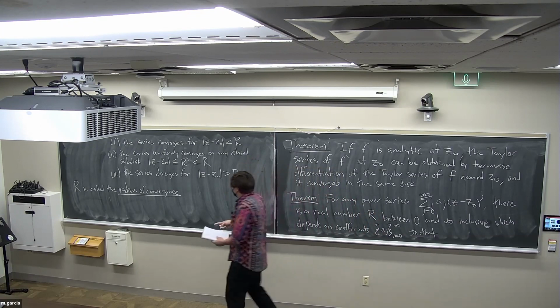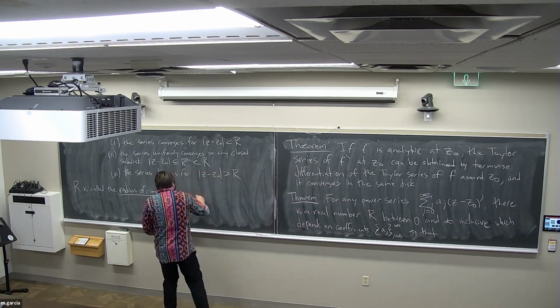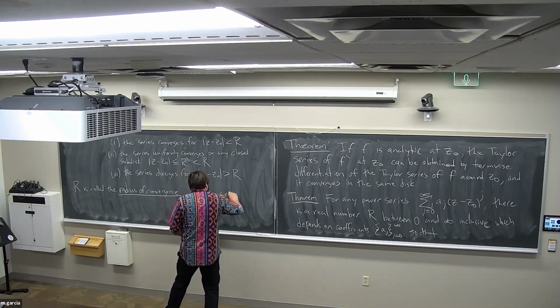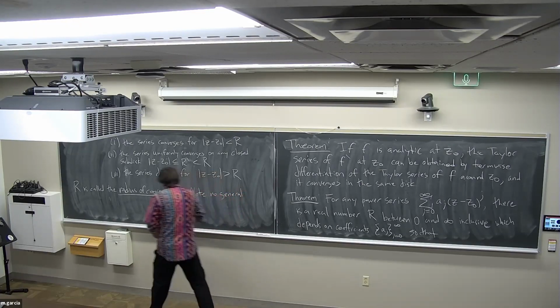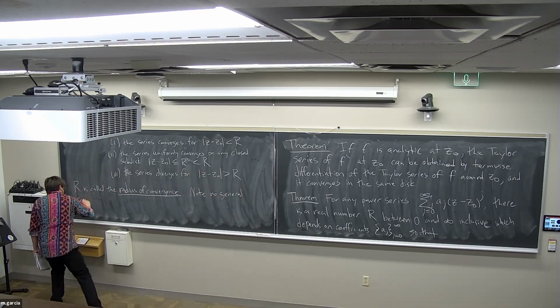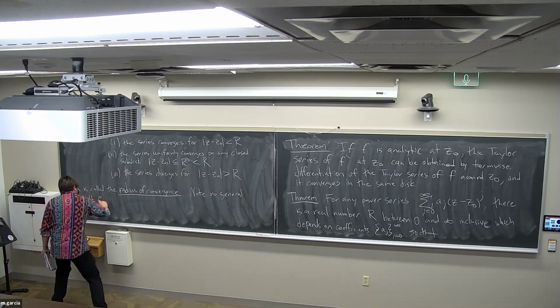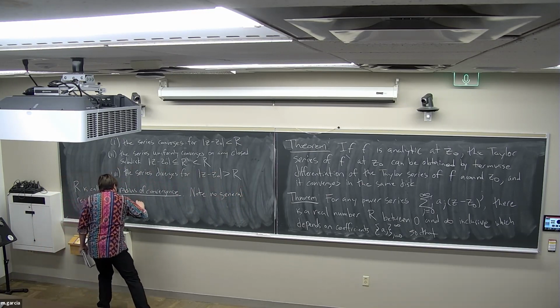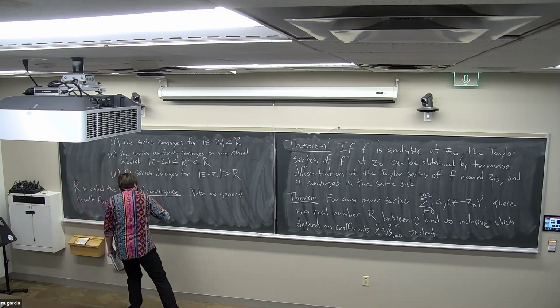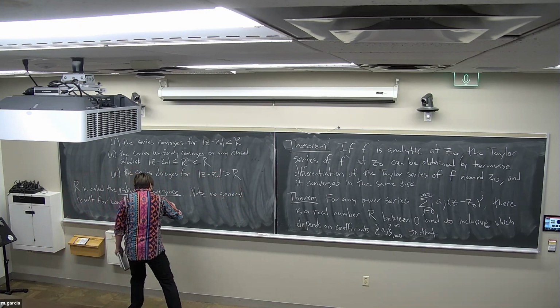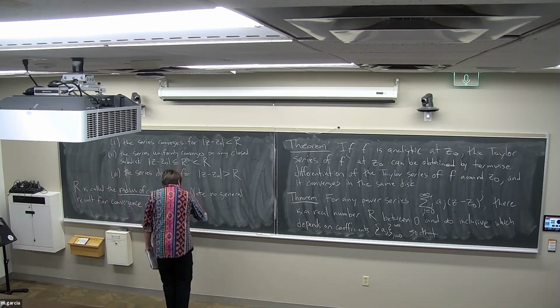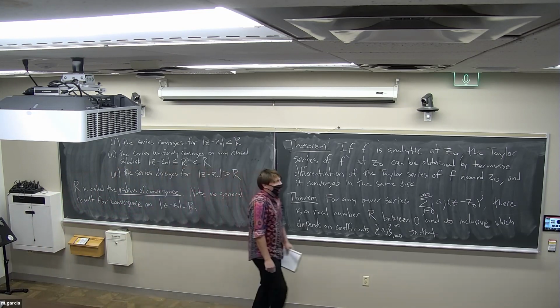Okay, so let's say that. Note, no general result for convergence on the modulus of z minus z naught equal to r, which ironically we call the circle of convergence.